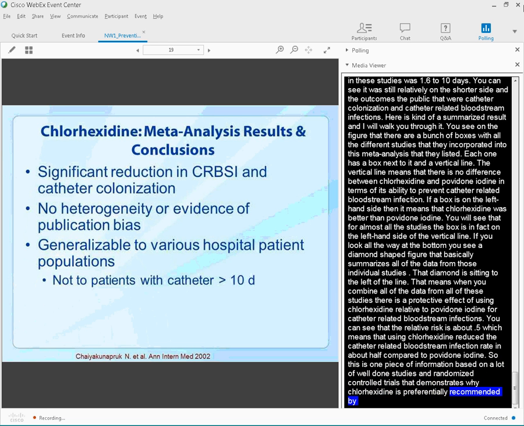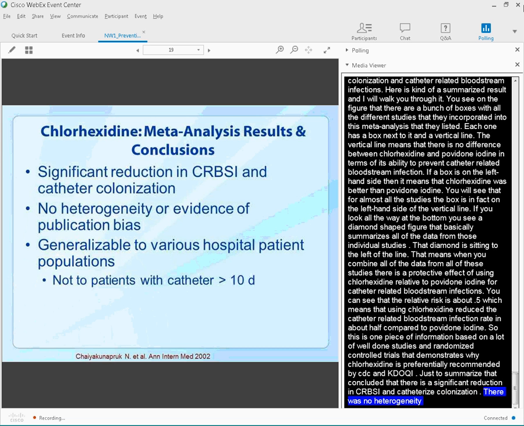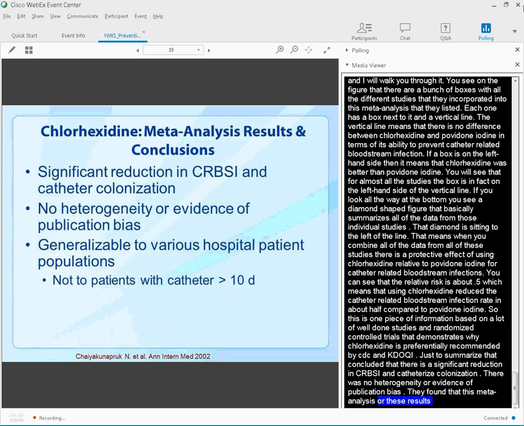So again, just to summarize, they concluded that there is a significant reduction in CRBSI and catheter colonization associated with chlorhexidine use. There was no heterogeneity or evidence of publication bias, which can skew the results. And they found that this meta-analysis, or these results, were generalizable to various hospital patient populations, not necessarily to patients with catheters that are in longer than 10 days.